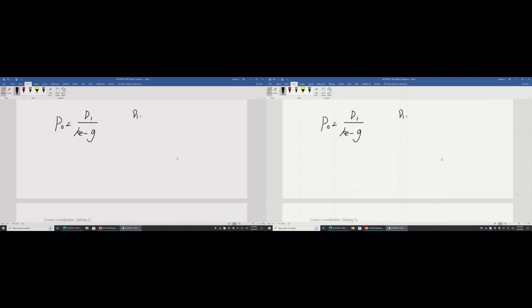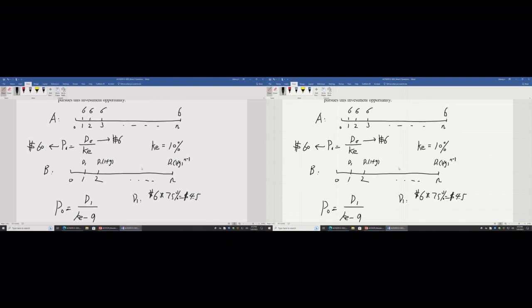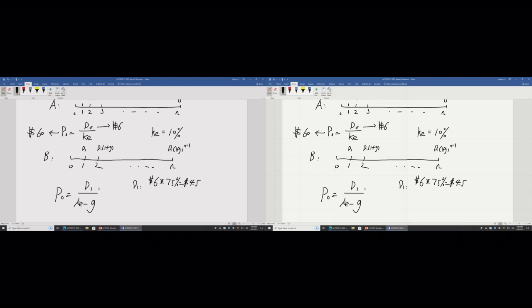So $6, that's the expected earnings next period, multiplied by the payout ratio, which is 75%, and that will be $4.5. Okay, so compared with plan A, you pay a lower dividend initially, but later on you will actually pay larger dividends because the dividend will grow at a constant growth rate. So now we figure out D1, 4.5.